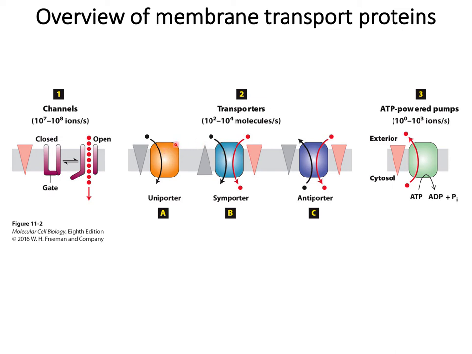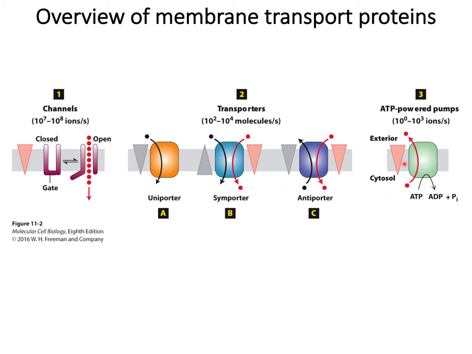The other two types of transporter that you are seeing are called the co-transporters, known as either symporters or antiporters. The energy available from the movement of one or more ions down an electrochemical gradient drives the movement of one molecule against its concentration gradient, and this is also known as secondary active transport.